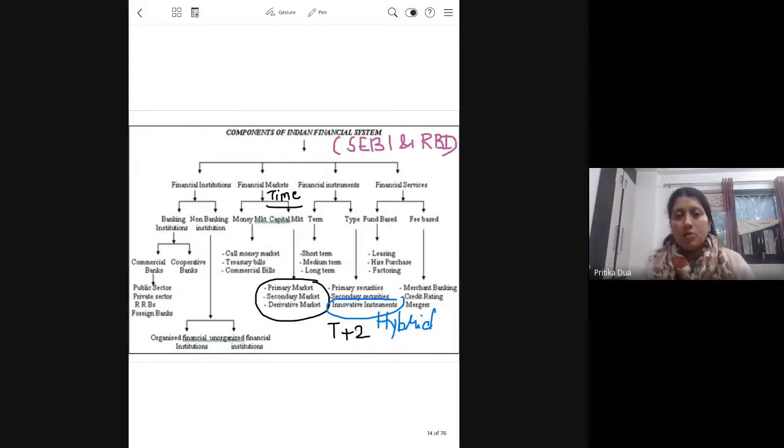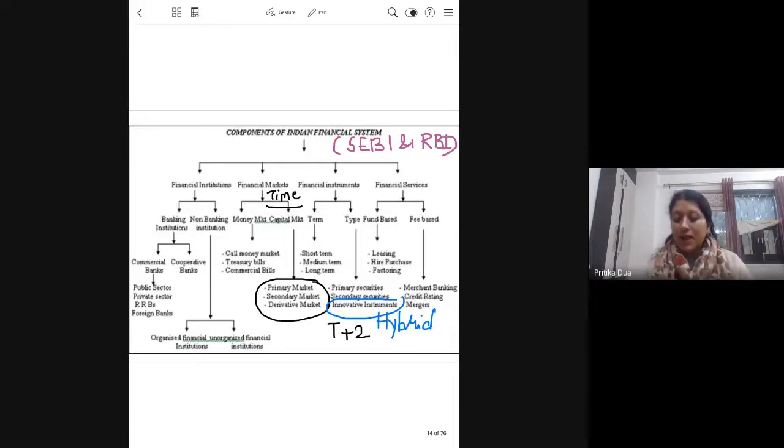So there are a number of ways in which you can classify the financial markets, and each financial market has its own set of financial instruments that are being traded. Under the organized financial market, we would start with the classification of market into the capital market and money market. Foreign exchange market also comes under this. We will just be having a small reference there, not going into detail.